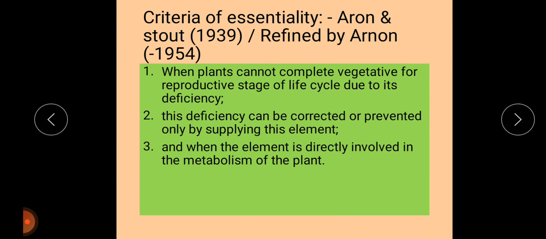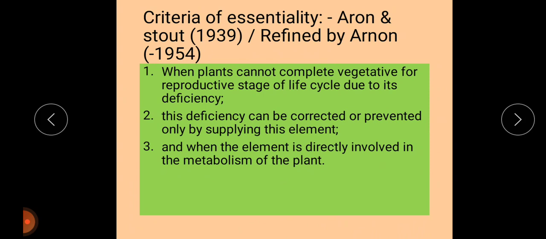So what is this criteria of essentiality related to the availability of plant nutrients? First criterion: plants cannot complete the vegetative or reproductive stage of the life cycle due to the deficiency. If any plant nutrient is deficient, the plant cannot complete its reproductive or vegetative stage completely.